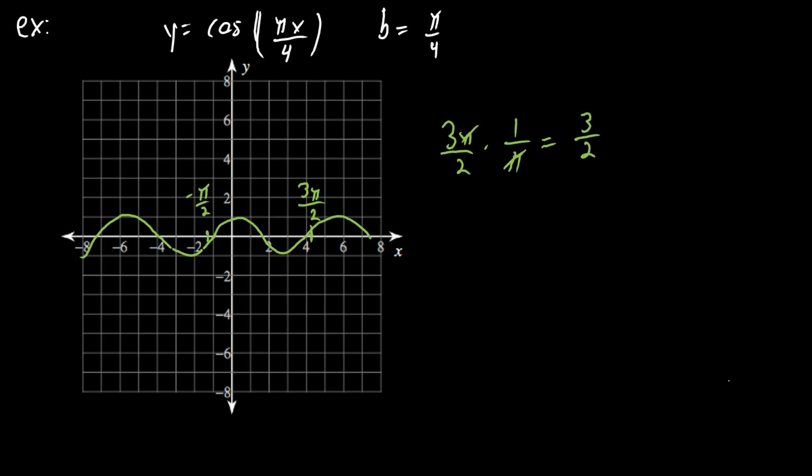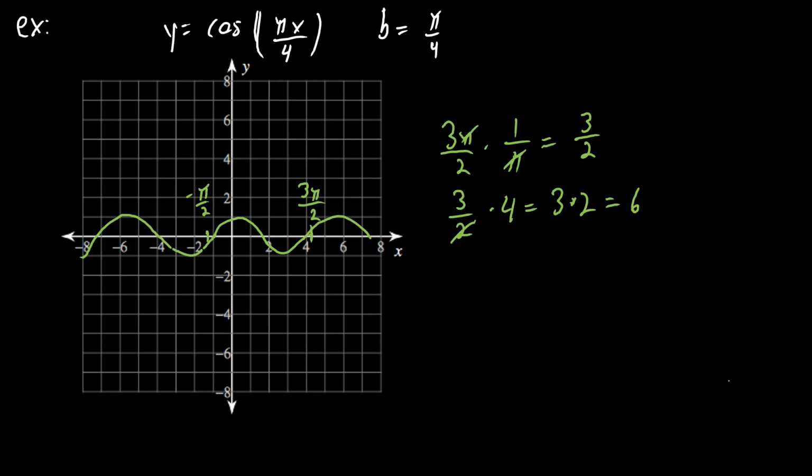Then we have a horizontal stretch of 4, so we will multiply this 3 over 2 times 4. This cancels, and it just equals 3 times 2, which is 6.